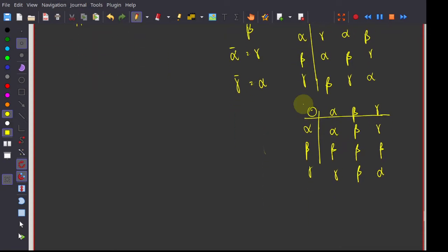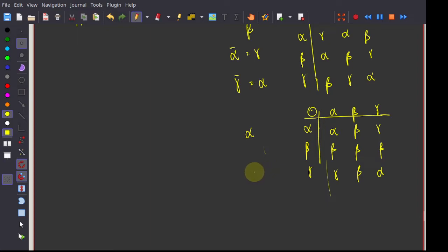So this part is fine. Now what about multiplication? What do you think should be the multiplicative identity? This alpha, beta, gamma appears in the same order in the first row and the first column. So you would guess that alpha is the multiplicative identity.